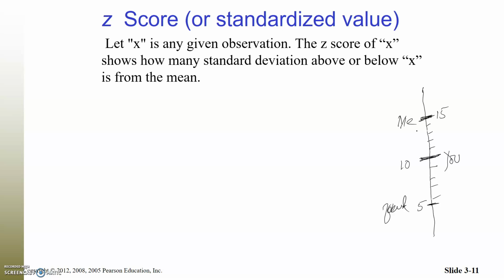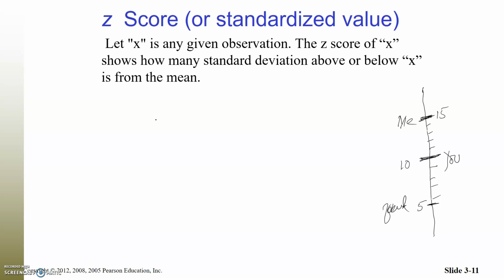So by looking at this example, it's very easy to understand. The same idea exists here. In this situation we were talking about floors, but now we're talking about a map. The z-score of an observation tells you if an observation is above the mean or below the mean, and if it is above or below, how many standard deviations.